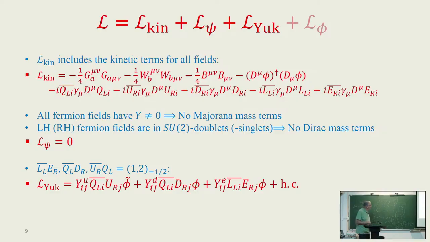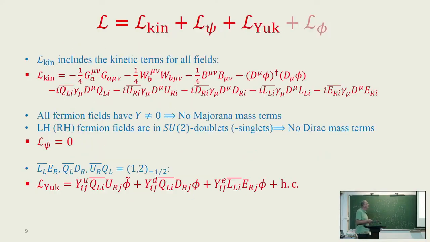Q left bar U right has the opposite quantum numbers of U right bar Q left, so Q left bar U right is (1, 2, plus a half), and phi tilde, the opposite quantum numbers of phi, is (1, 2, minus a half). So this is an allowed term. So, 3x3 complex Yukawa matrices.